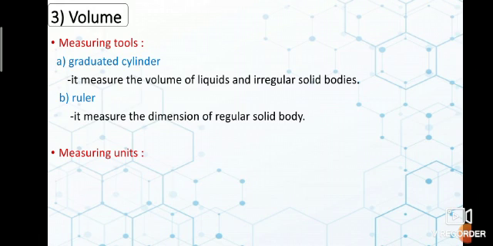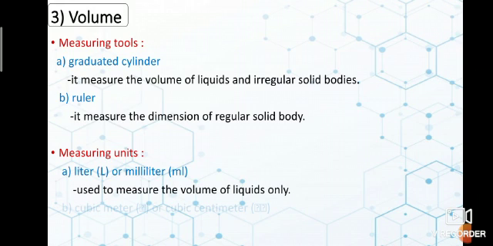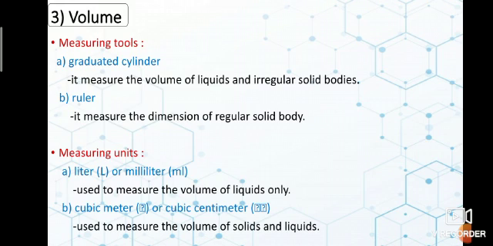Let's move to the measuring units of volume, which are liter or milliliter and cubic meter or cubic centimeter. Liter or milliliter is used to measure the volume of liquids only, while cubic meter or cubic centimeter is used to measure the volume of solids and liquids.